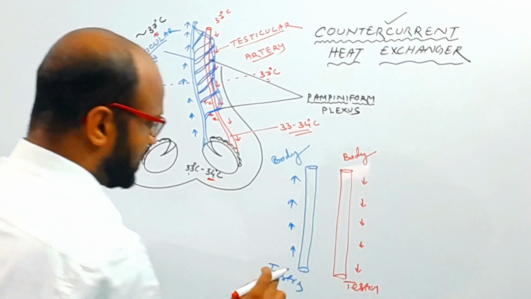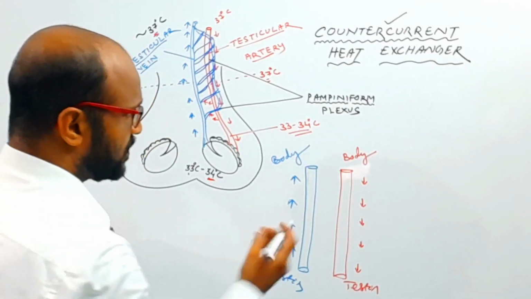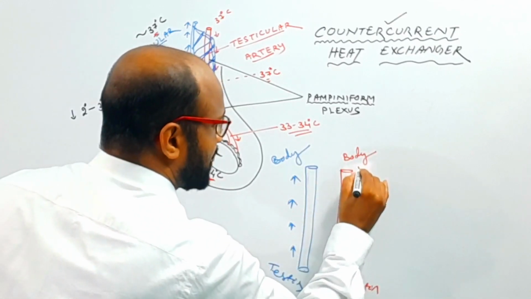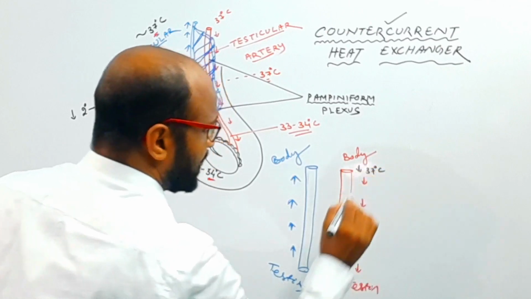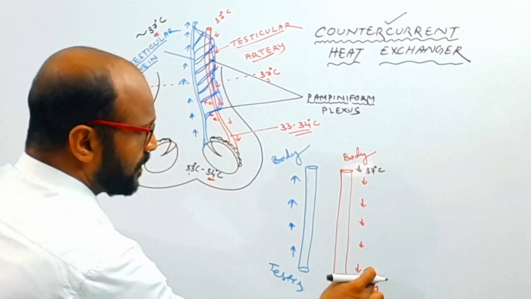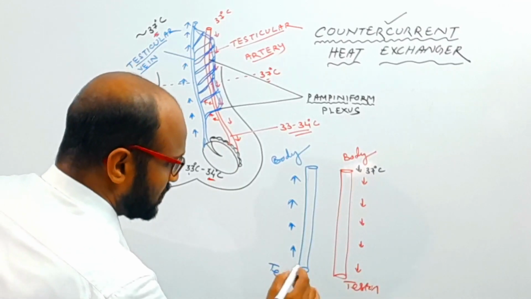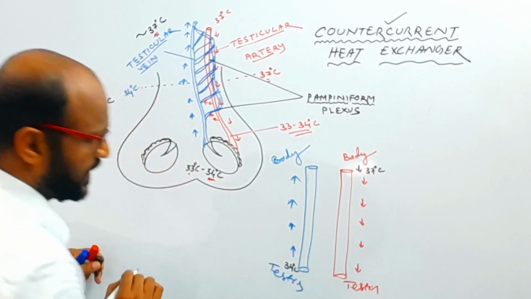So here the temperature of blood at the starting point, the entry point, may be 37 degrees, and here it is reduced to 33 to 34. At the beginning here the temperature may be 34 degrees centigrade.